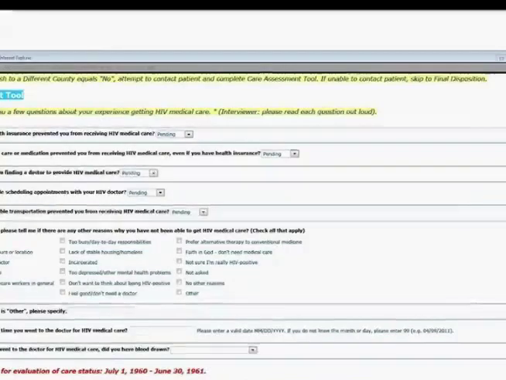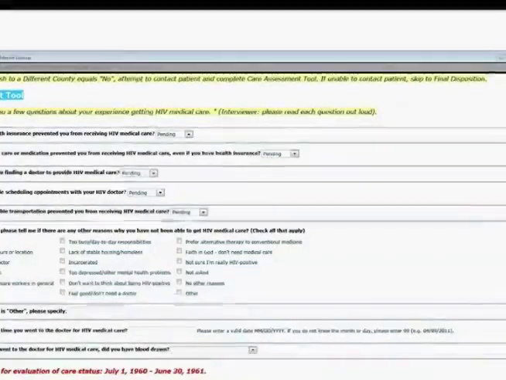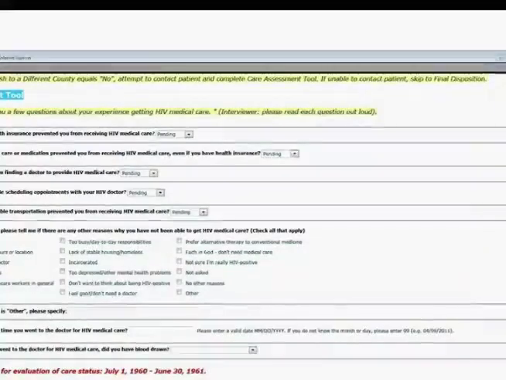So it was a little bit of a struggle to get on the same page so that we'll be able to evaluate this. But by integrating this care assessment, and it's fairly simple, it gives us a lot of information about what's keeping people out of care.